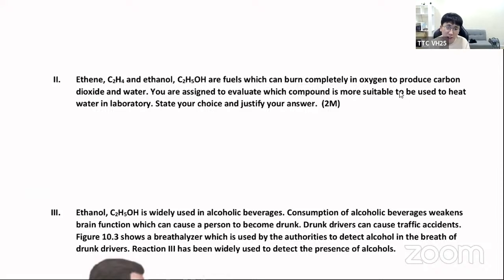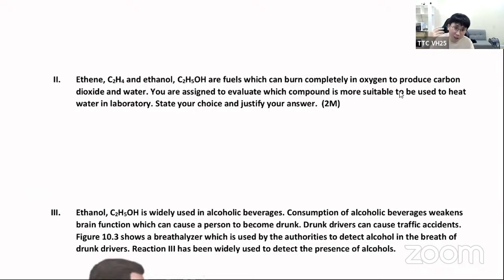This is actually not related to percentage of carbon, because this one is between 2 different categories already. One is alkene, one is alcohol. If you want to compare percentage of carbon, you're supposed to compare alkane and alkene. Right now, ethene and ethanol are totally two different groups, so you can't compare in this way.